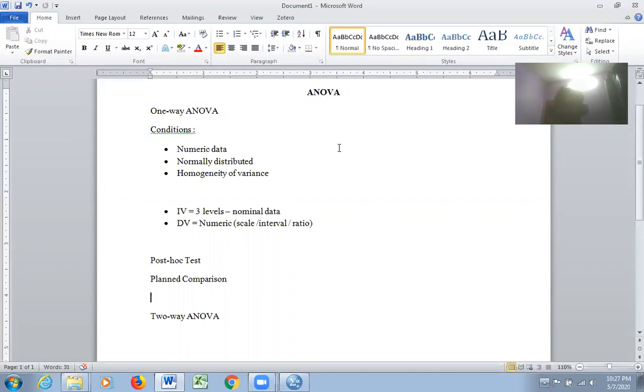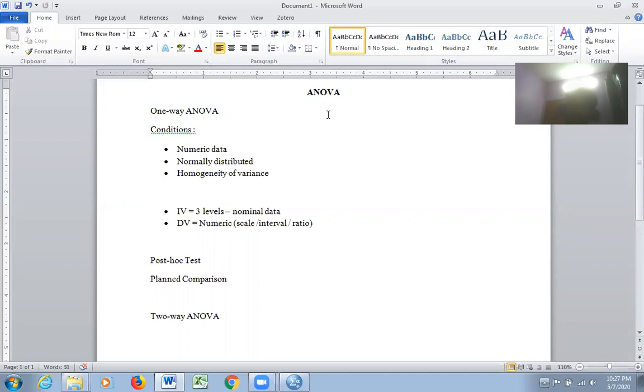So you take any independent variable measured in nominal data comprising more than two levels, and your dependent variable is numeric data, that is, scale data or interval or ratio, whatever you call it. In that situation, you frame a hypothesis stating that there is no significant difference between this independent variable having three levels and the dependent variable.